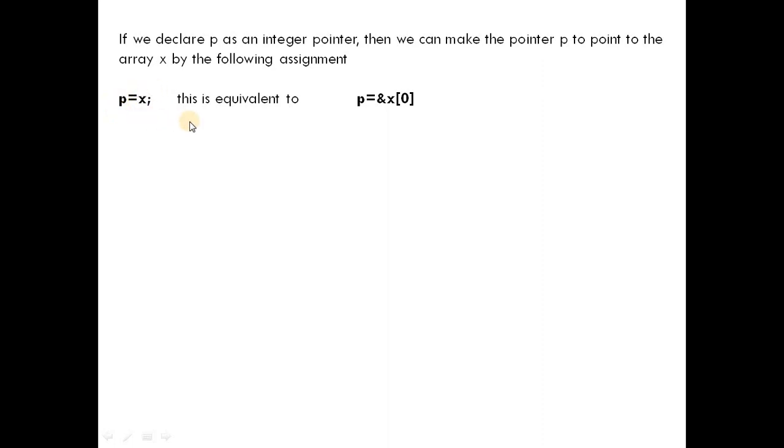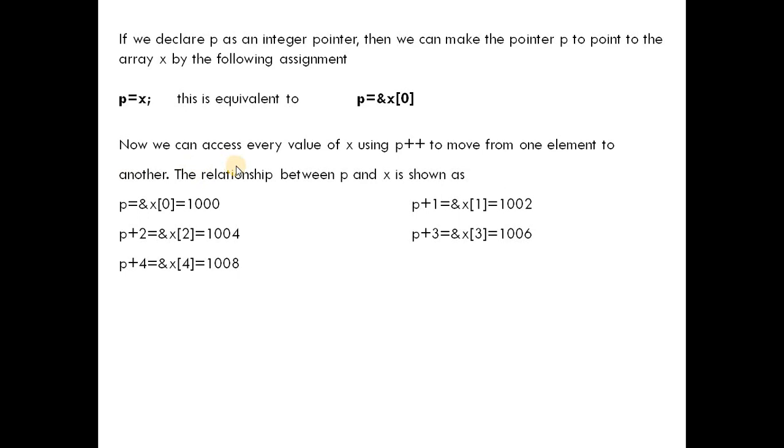This statement is equivalent to p is equal to the address of the first element. What is the address of the first element? It is 1000. So p is equal to 1000. Now we can access every element of x using p++ to move from one element to another.